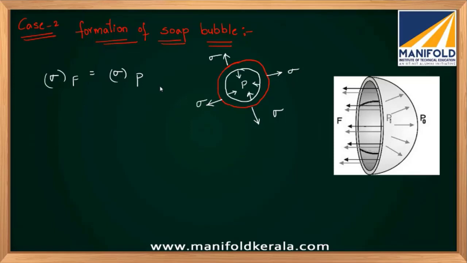To a certain height, there will be no deformation nor change of shape in the bubble. Suddenly, after a certain extent, what happened? The bubble bursts. Why? As the height increases, there is a change in pressure. If there is a change in pressure, there is a change in surface tension, and that bubble bursts.